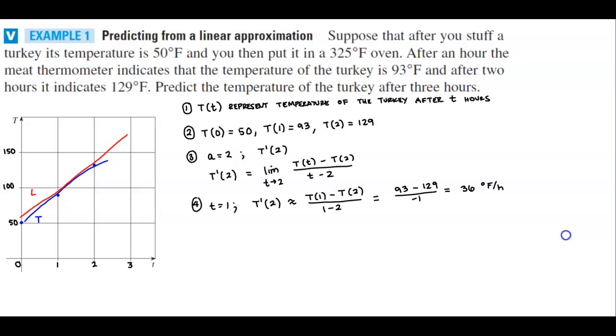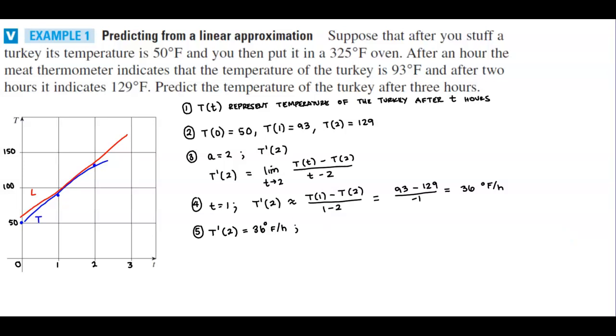So therefore, that is the temperature average rate of change. So what that tells us is that T prime of 2 is equal to 36 degrees Fahrenheit per hour.